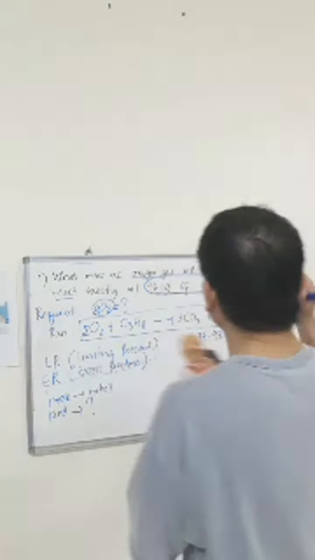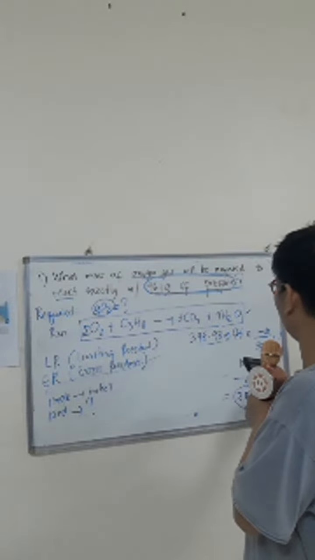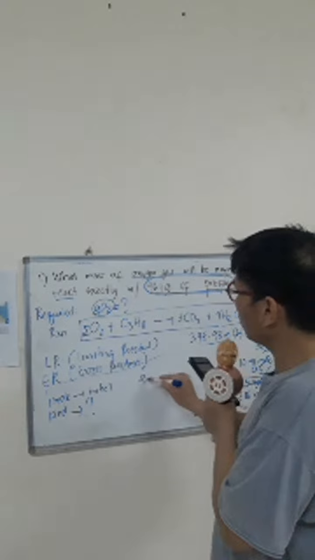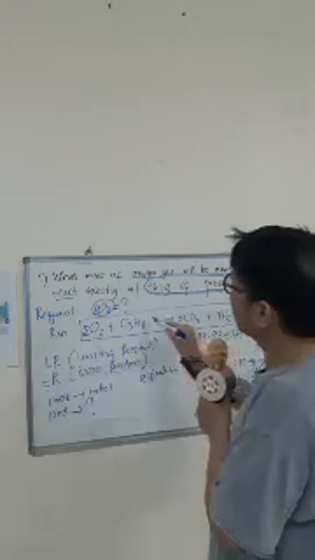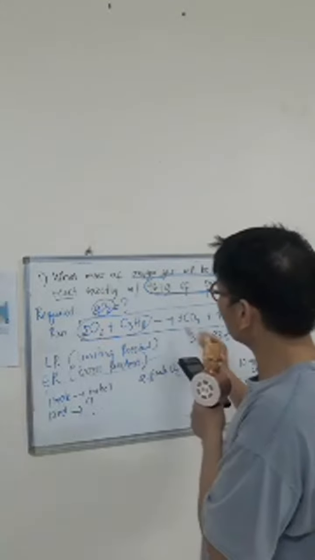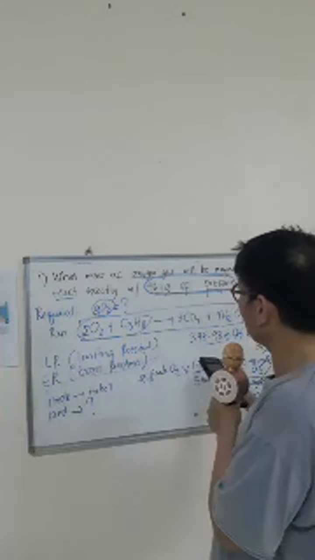So you go to the oxygen, which is 2.18 moles. Then check your chemical reaction: 5 moles of oxygen gas to 1 mole of propane.